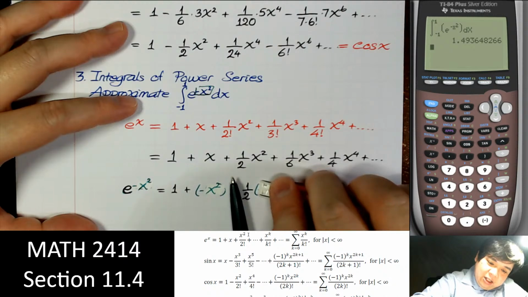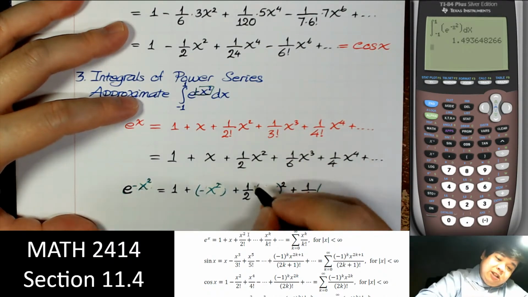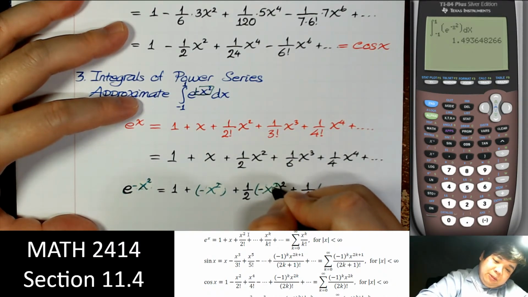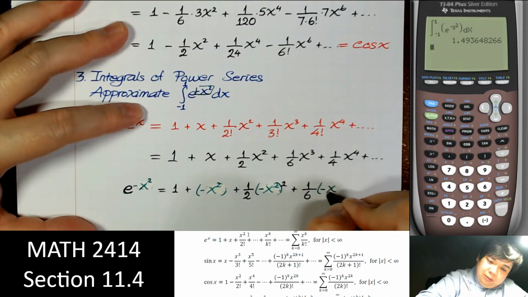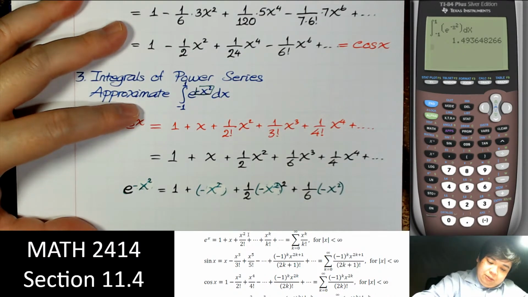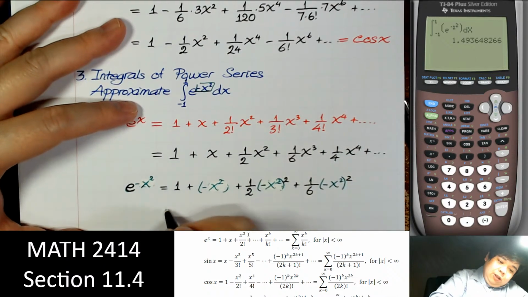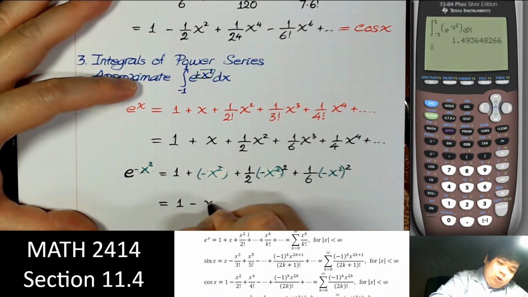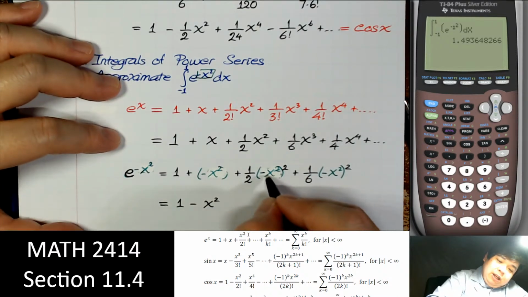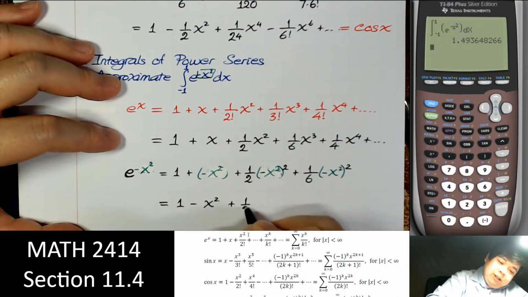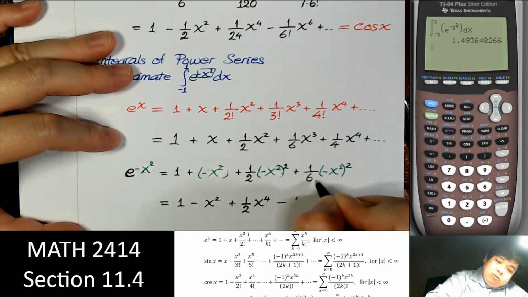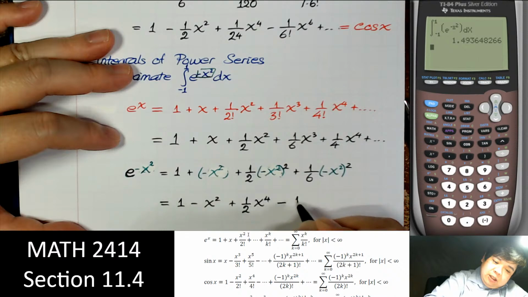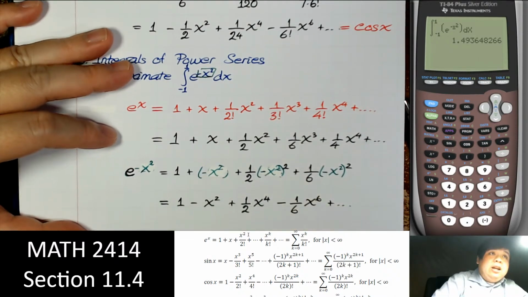Yeah, so whatever that is, we just substitute in for x. I'll rewrite this as 1 minus x squared, and that is 1/2 x to the 4th minus 1/6 x to the 6th, and so on.